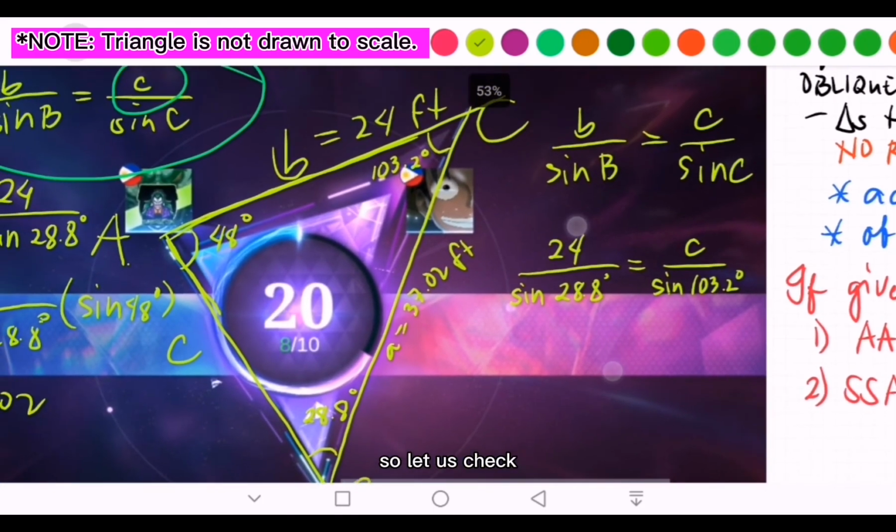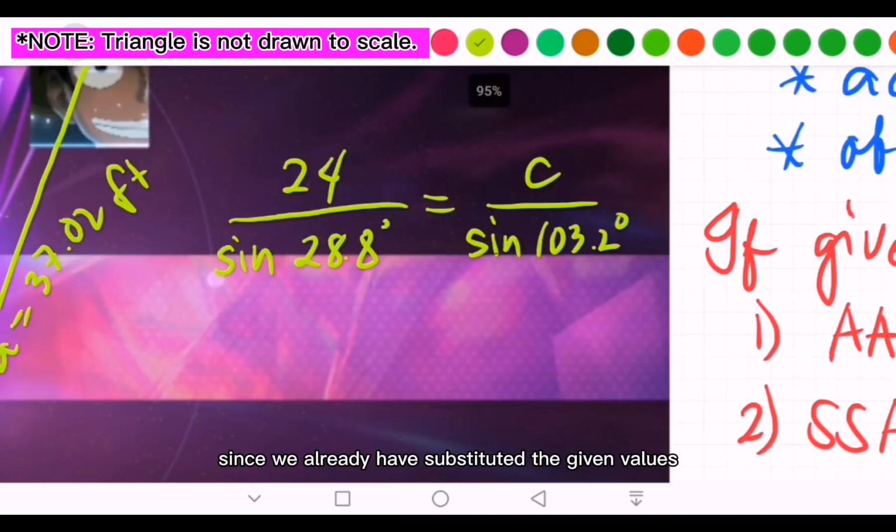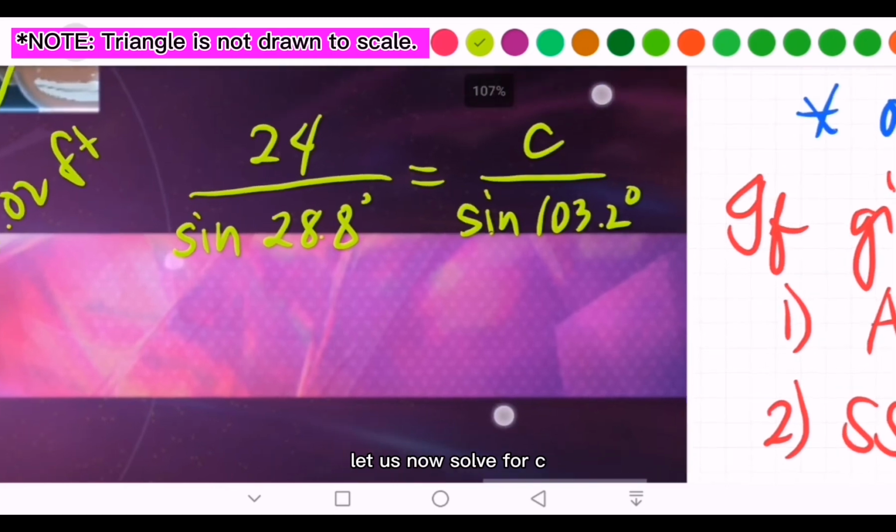Since we have already substituted the given values, let us now solve for c.